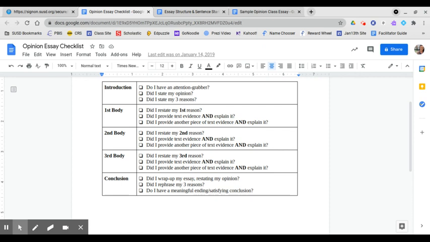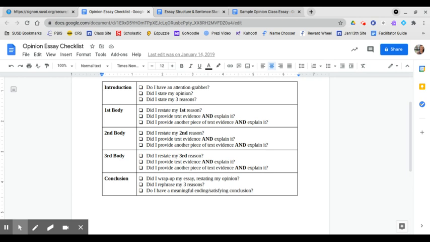So the next thing after our attention grabber is going to be our opinion statement. So whatever the prompt is asking you for your opinion, this is where we're going to state it, followed by the 3 reasons to support that opinion. Okay, so those are the kind of things we want to include in our introduction.